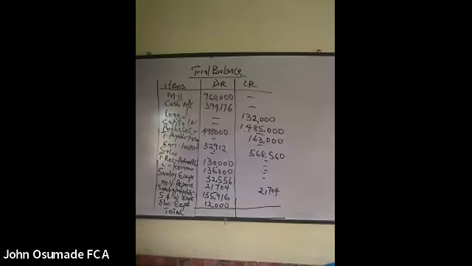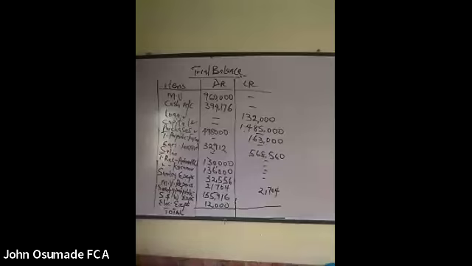It's shorter. You can add the debit side or the credit side, but since the credit side is shorter, in order not to waste your time, you just go to the credit side. You have just 5 items on the credit side, while on the debit side, you have up to 10 or more. So why bother adding 10 items when you can add only 5 and get the same answer? Because both of them must balance.